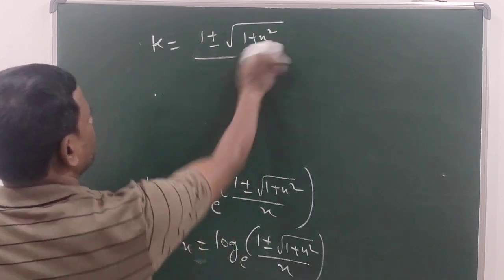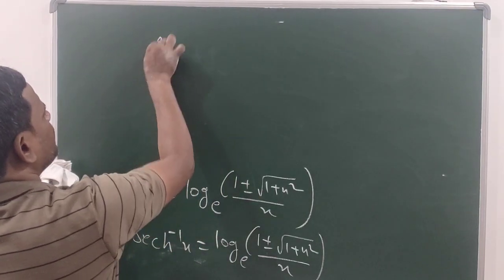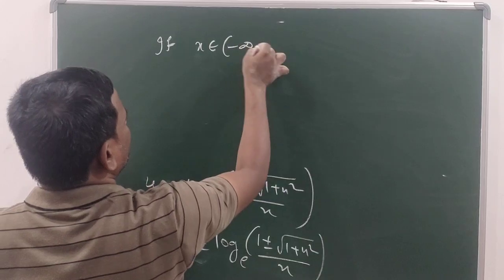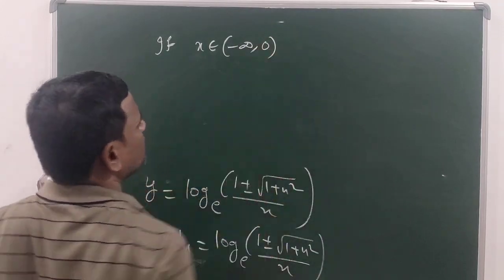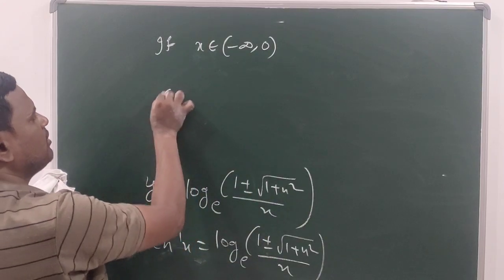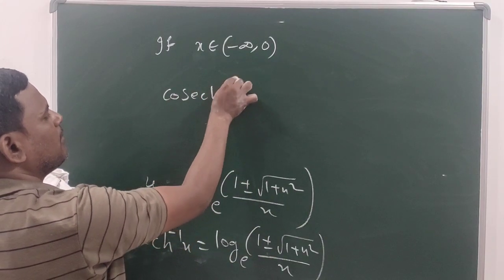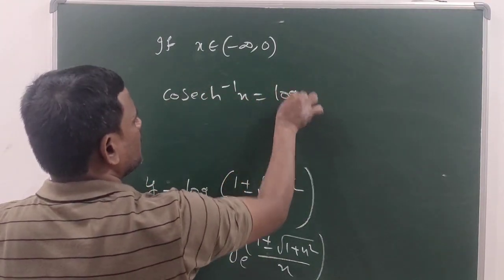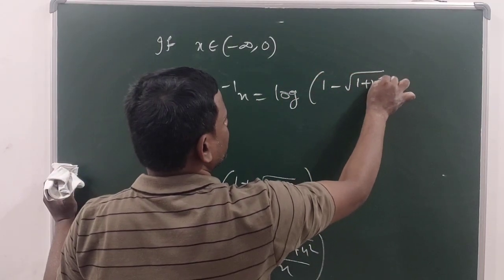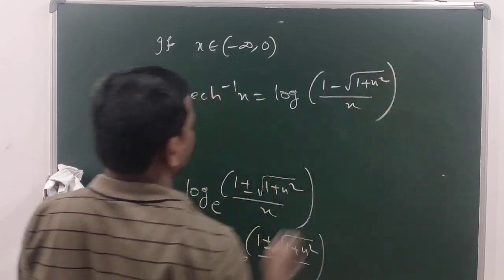So when you have to take minus, if x belongs to minus infinity to 0, here you have to prefer minus log of 1 minus root of 1 plus x square by x.